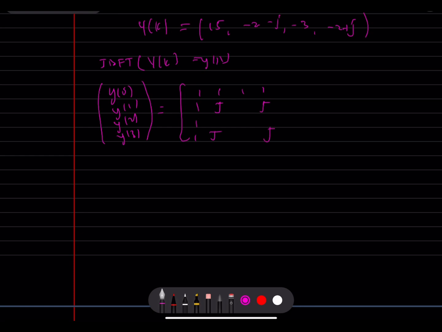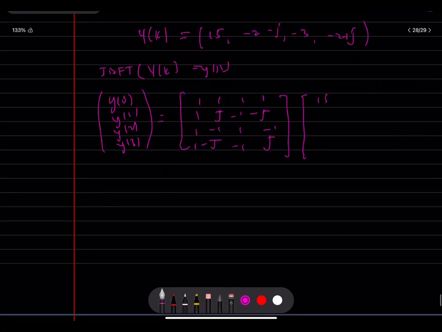And remember, it's an IDFT, so we go in reverse: negative 1, negative 1, negative 1, negative 1, and 1. And then the input here is 15, negative 2 minus j, negative 3, negative 2 plus j.